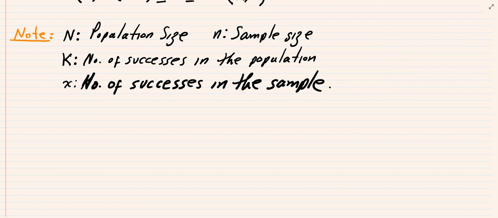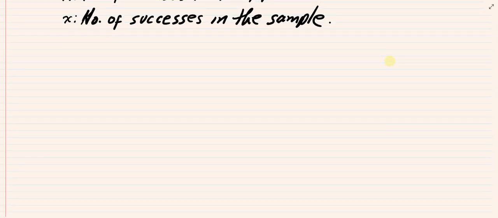Now, what we'd like to do is actually be able to derive the formulas for the mean and the variance of a hypergeometric distribution. But somewhere along the line, in order to be able to do that for the mean, let me actually do this.